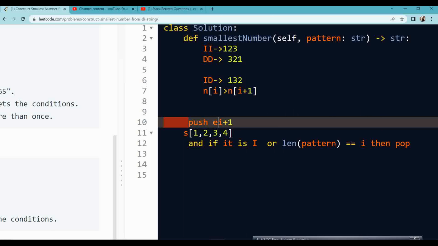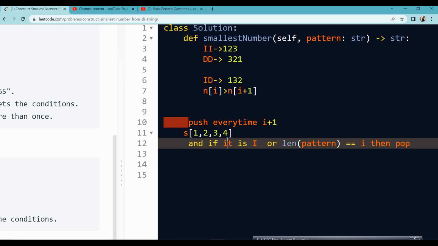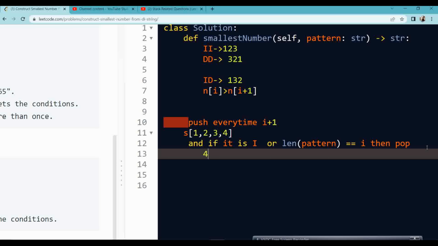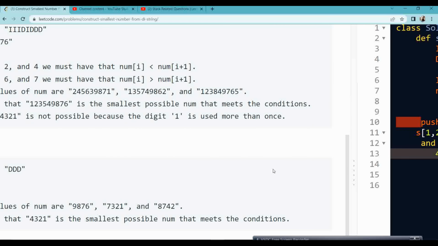Every time I need to push I plus 1. If it is equal to I or the length of the pattern, yes, then I can pop. I will pop as 4 3 2 1, and that will be our answer.